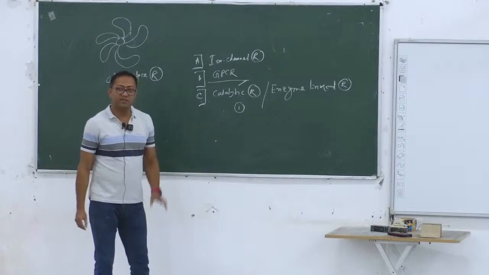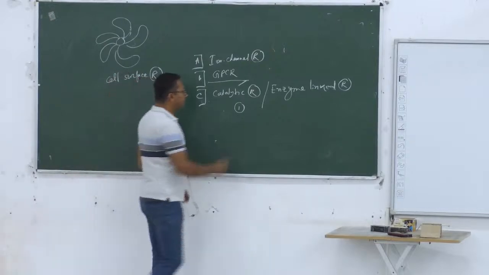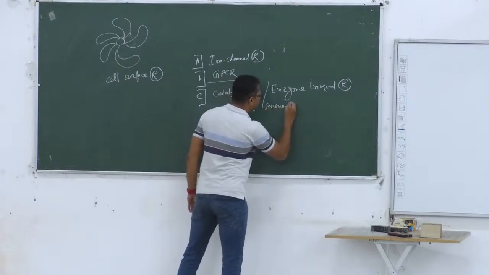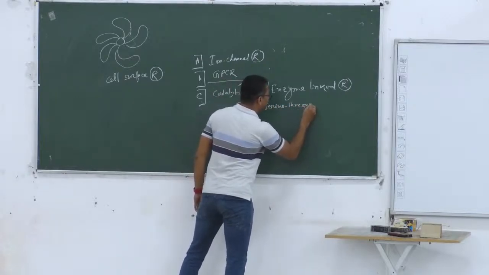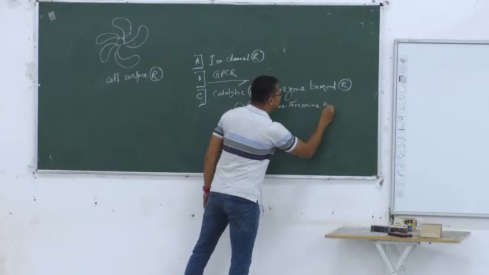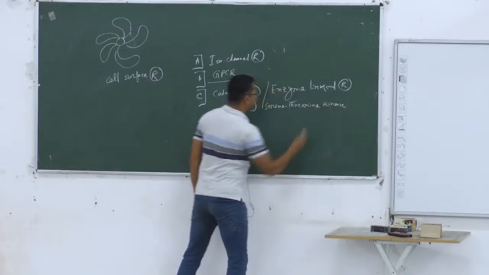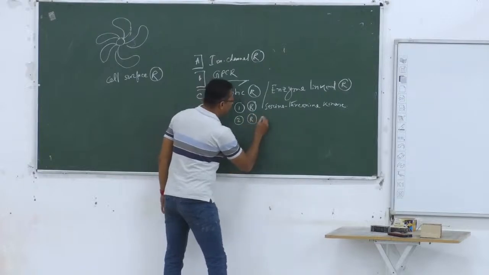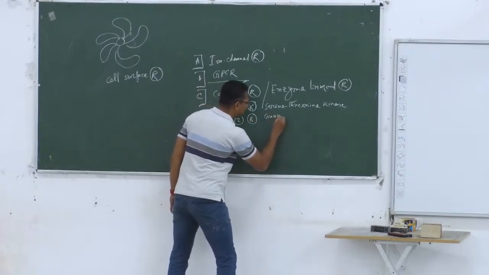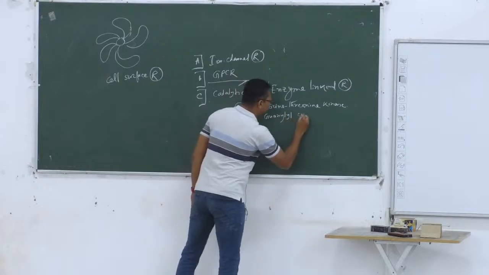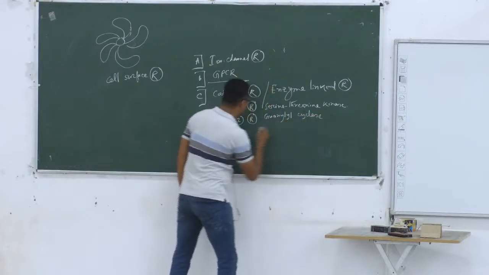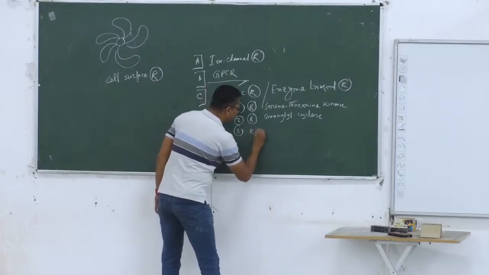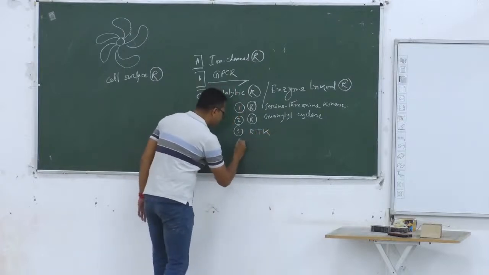Under enzyme linked receptor, first classification is receptor serine threonine kinase. Number 2 is receptor guanylyl cyclase. Number 3 is receptor tyrosine kinase.